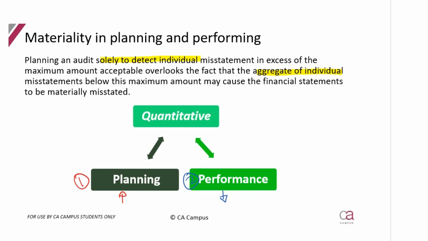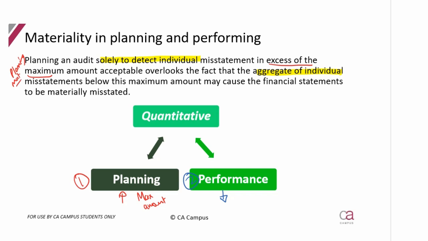So because of this, we work out two materiality figures. One, planning, which is the maximum amount. So this, in excess of the maximum, this is your planning materiality.